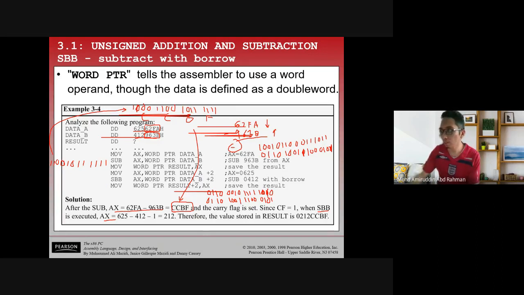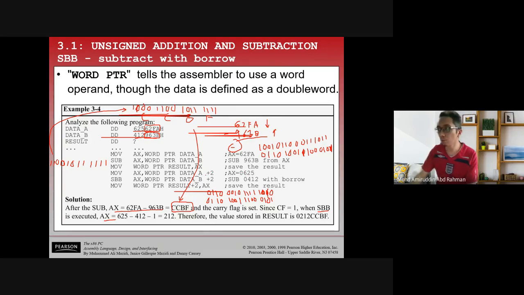Over here, this instruction takes the data 6 to F. He wants to move this data with the addition of 2.